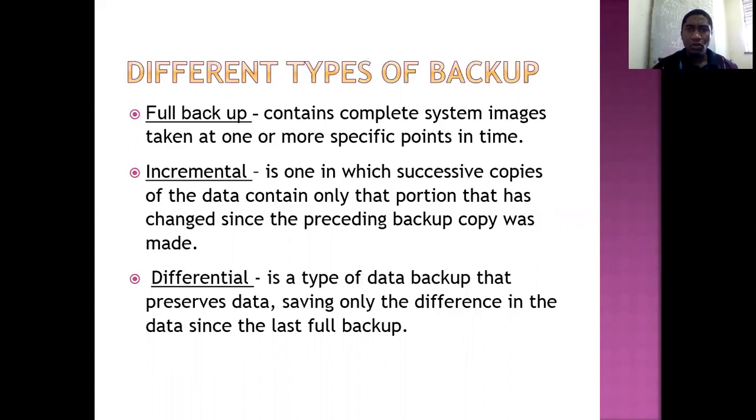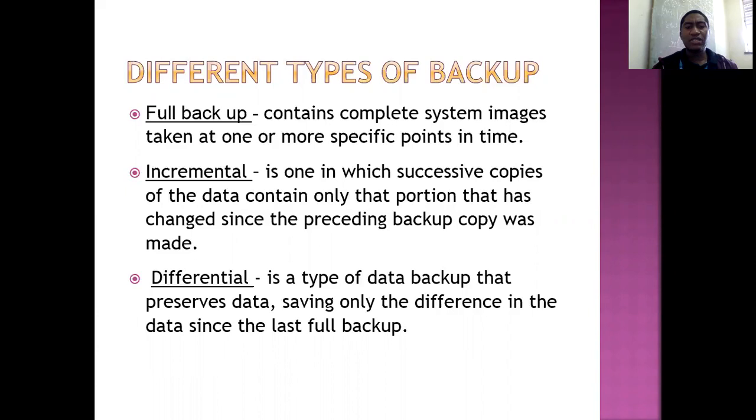Then we have what we call the incremental backup. This is one where successive copies of data contain only that portion that has been changed since the preceding backup copy was made. So with the incremental, you are saving on top of another save, but only the new information is being introduced along with the old information.